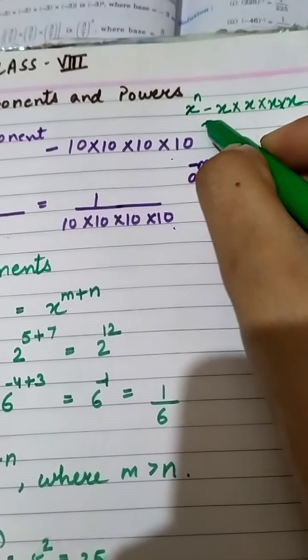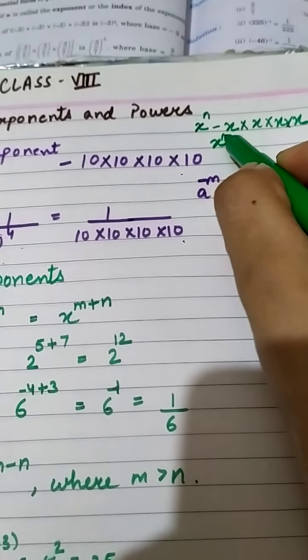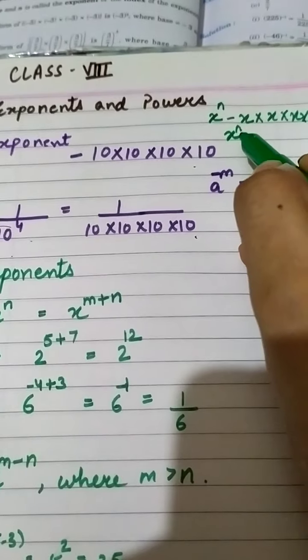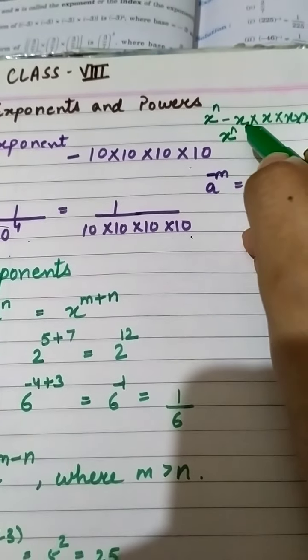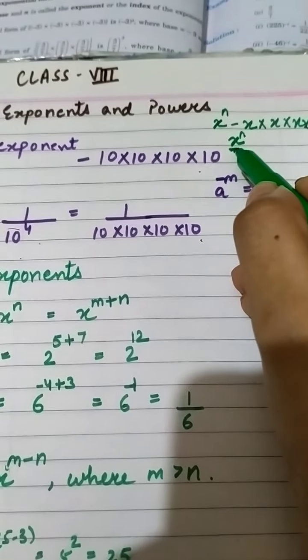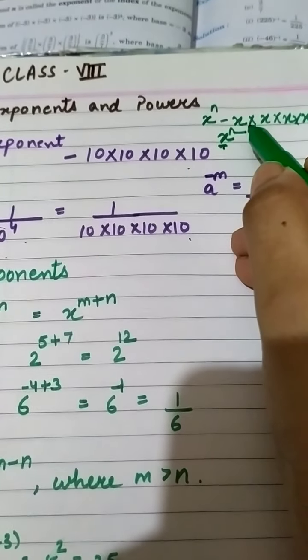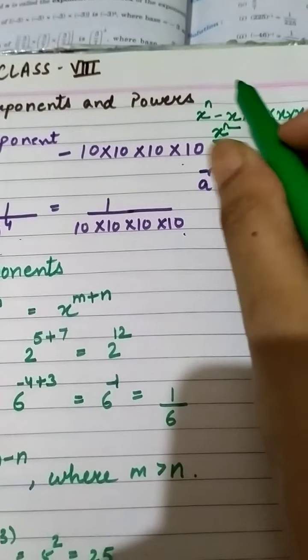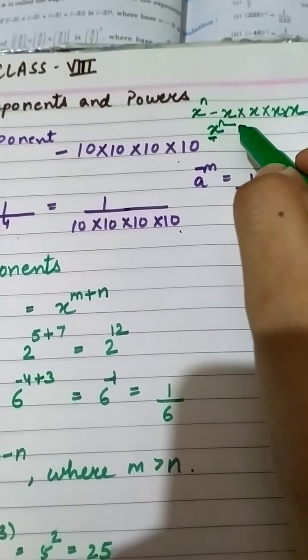It is read as x raised to the power n. Here x is called the base and n is called the exponent or power or index.